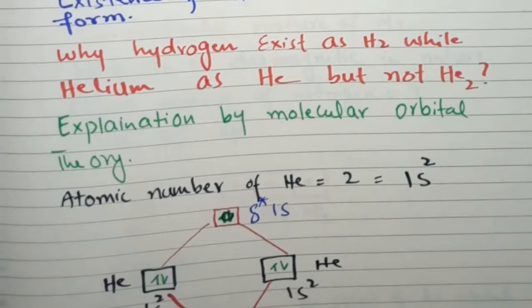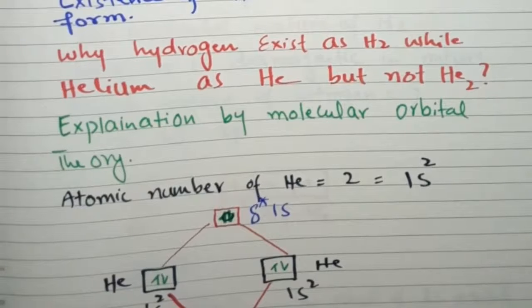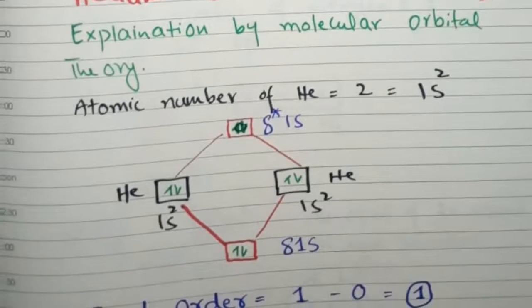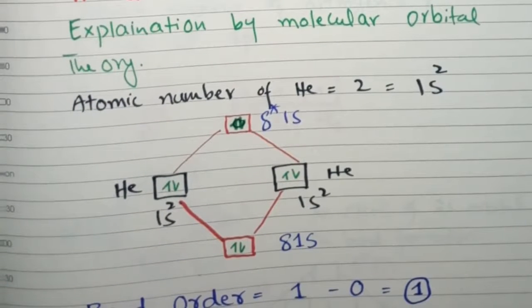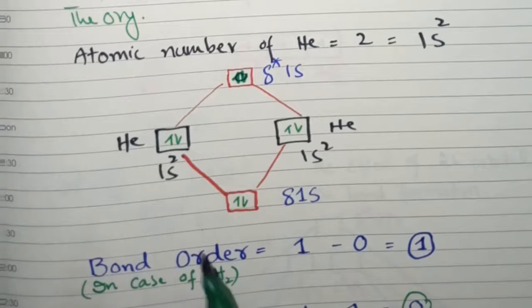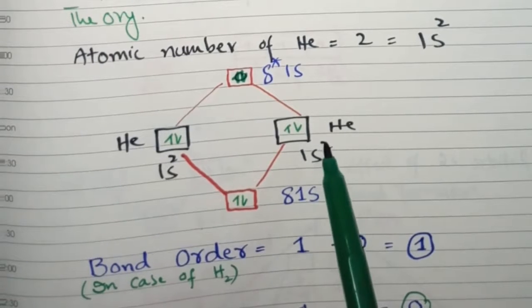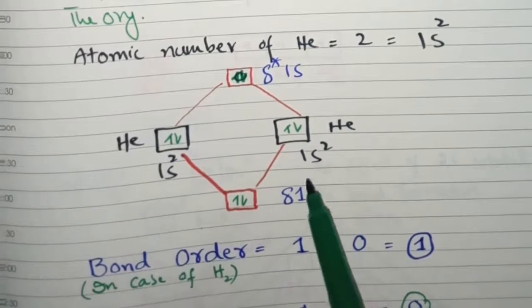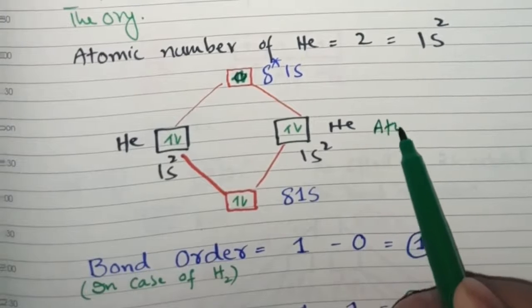This type of explanation has been given by molecular orbital theory. The atomic number of helium is 2, so we have 1s2 in each helium. When we draw the structure, we have 2 electrons with one helium and 2 electrons with the other helium. These are 1s2 and 1s2, and both are called atomic orbitals.